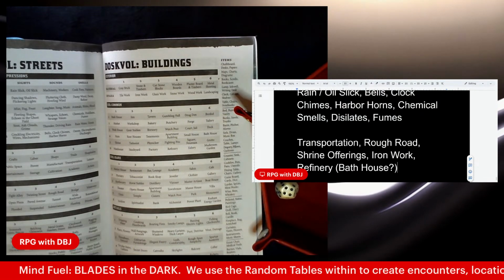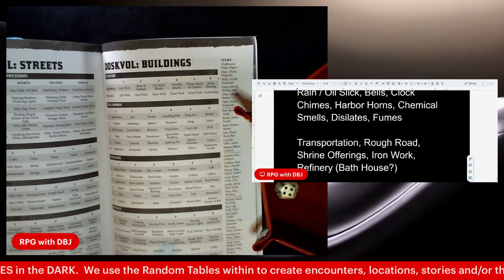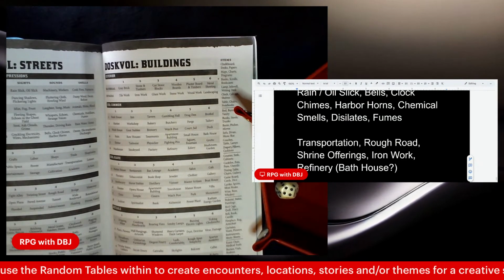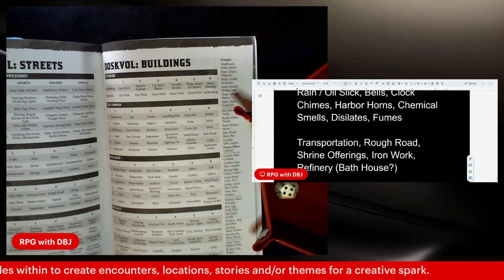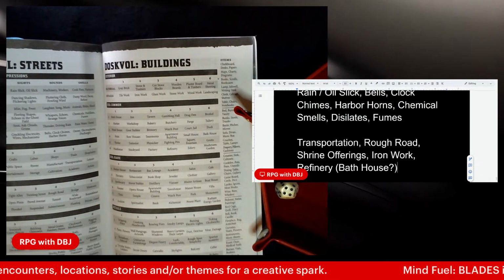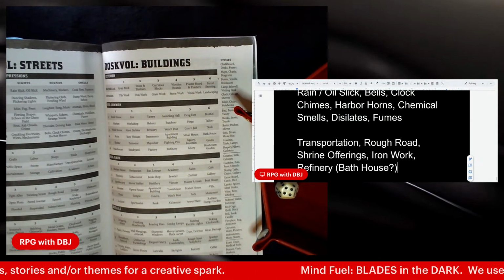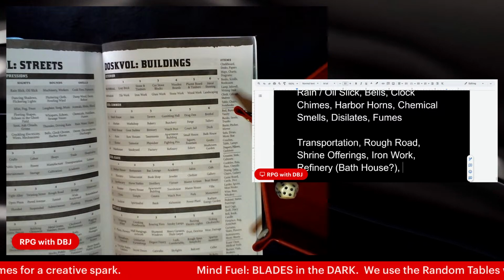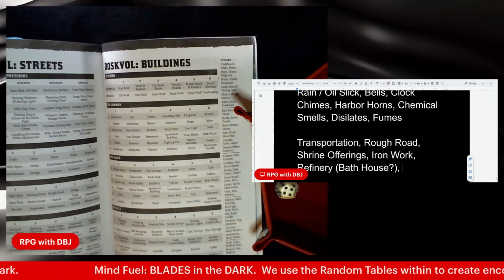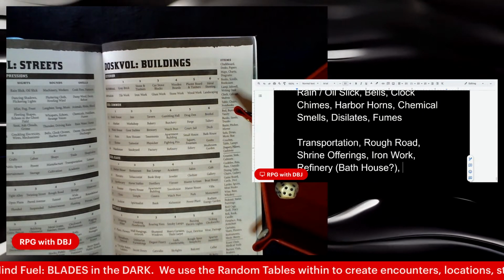Maybe it's illegal because everything here in Blades in the Dark is illegal, but it could be something hidden away from even the other criminal elements, meaning a crime lord may have their own bathhouse that's not public, it's a private one.